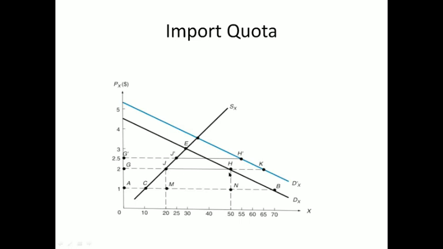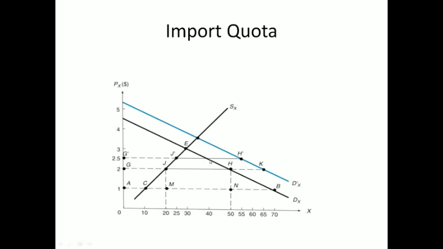In fact, this amount of loss is something producers are imposing on the domestic consumers, and as a result, the prices are increasing from $2 to $2.5. So the revenue with the quota is collected by the one who receives the import license.